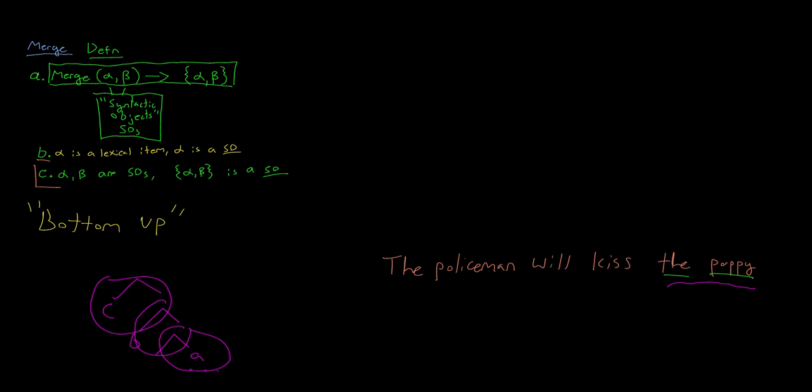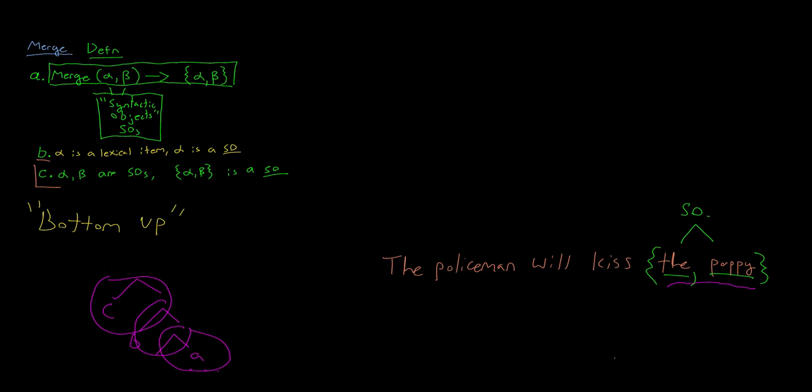And by B, which states that all lexical items are syntactic objects, it follows that both the and puppy, being lexical items, are syntactic objects. And so we are permitted to merge them in order to form the set the puppy, which itself, by C, is a syntactic object.